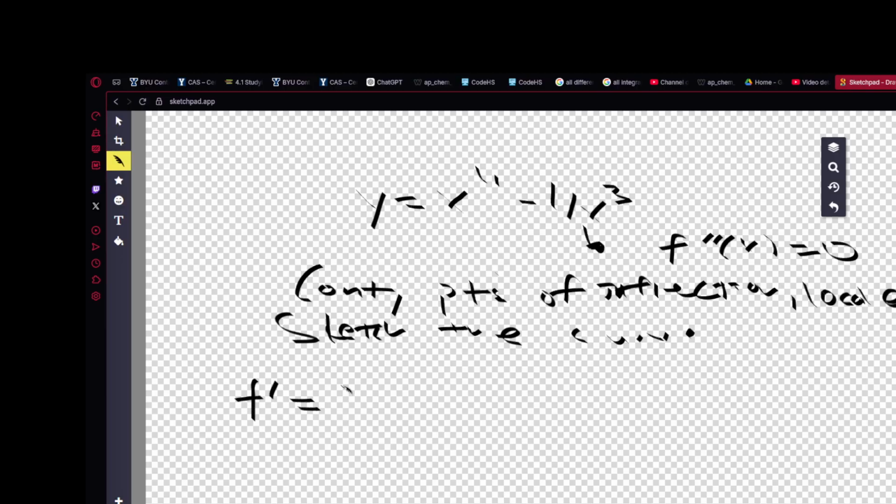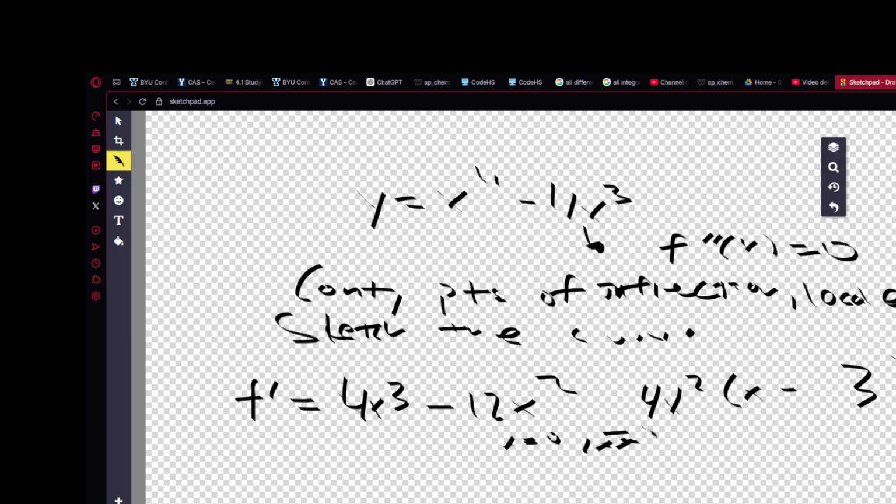So first we have to differentiate the function, and we get 4x cubed minus 12x squared, which we can factor to 4x squared times (x minus 3). So now we know the critical points, which are x equals 0 and x equals 3.